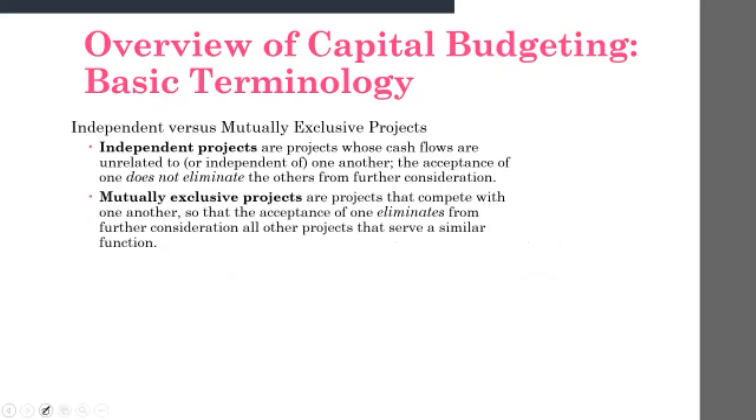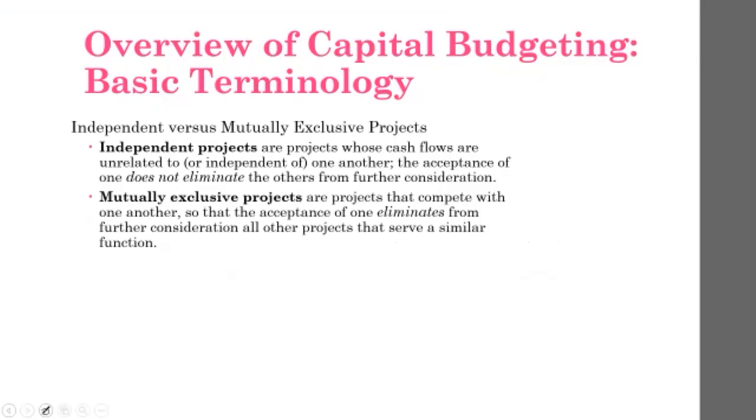Now, just some budgeting technique terminology before we go into the actual techniques. Independent and mutually exclusive projects. Independent projects are projects whose cash flows are unrelated, or independent of one another.